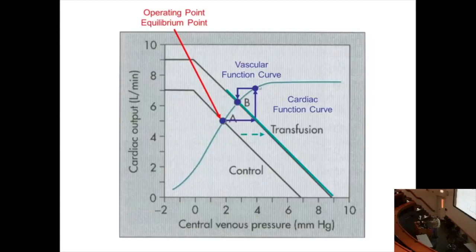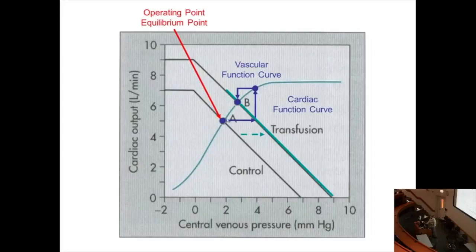I am concerned that you know that the new intersection point is the new operating point, and that you are operating at a slightly higher central venous pressure, maybe not as high as you might have thought it should be, but a higher central venous pressure and a higher cardiac output when you give a blood transfusion. That's the operating point. Okay?